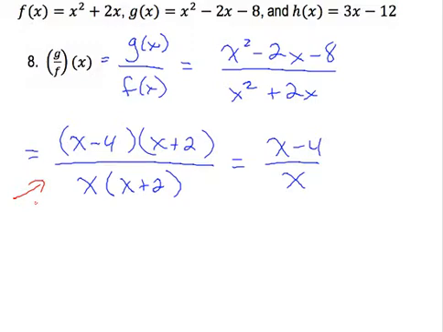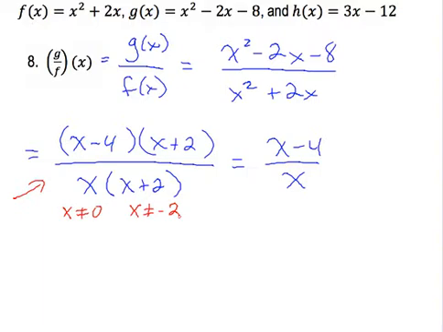I can see that x cannot be equal to 0, and here x cannot be equal to negative 2. So these are my two restrictions. Now, in the past, we've just listed these restrictions and been done. But in these problems, they're asking us for the domain, and we're going to write the domain in interval notation.